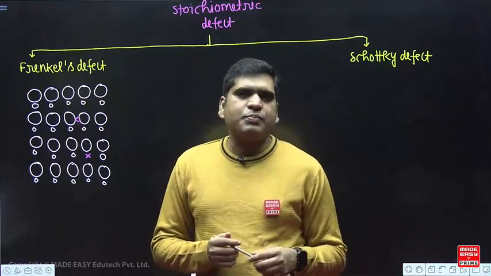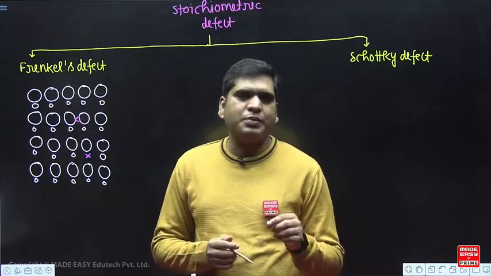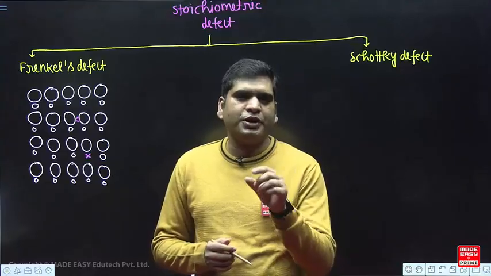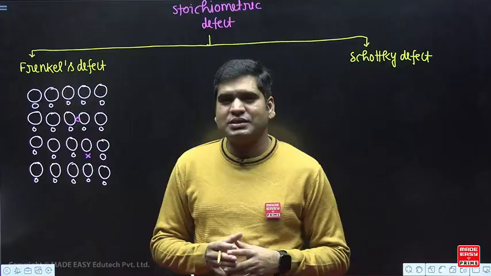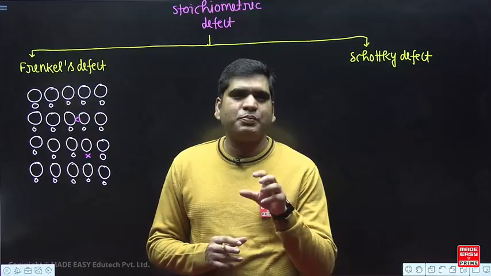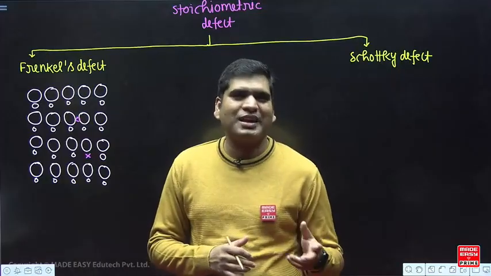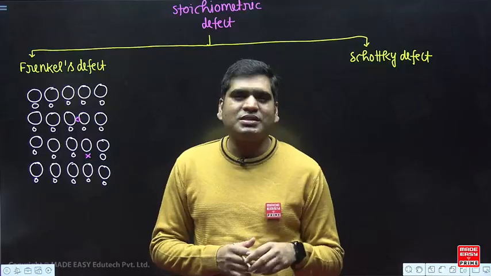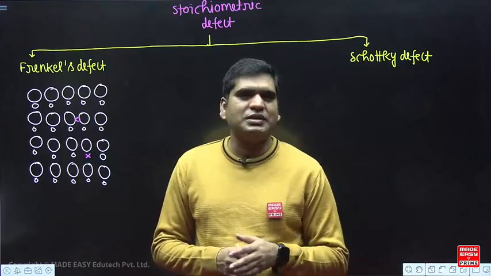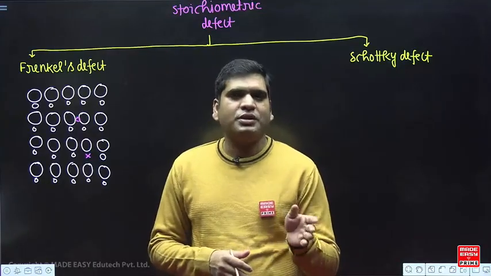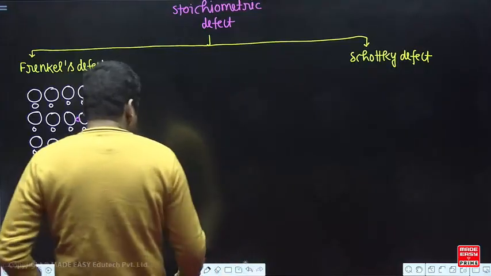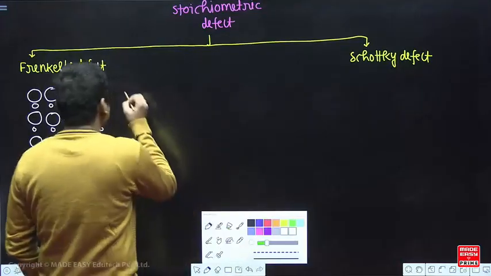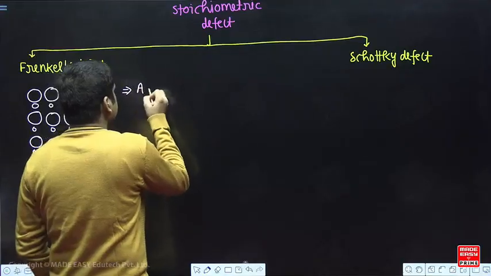Cations are smaller, so there is a very high possibility that a cation may fit into that position, whereas anions are larger, so their possibility of fitting into that small space is negligible. This is why a cation leaves its lattice site and reaches the interstitial site.